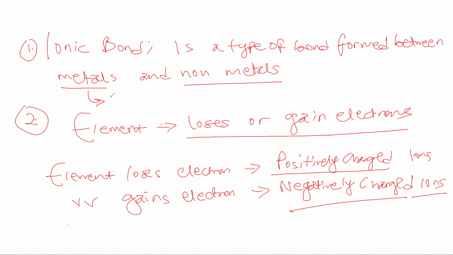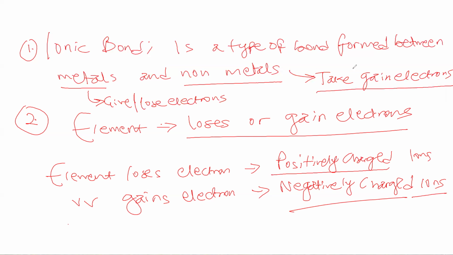Metals love to give or they love to lose electrons, while non-metals love to take or they love to gain electrons. Did you see what I just wrote? Yes. I hope you're writing too. Beautiful. So metals love to give and lose electrons, and non-metals like to take or gain electrons.